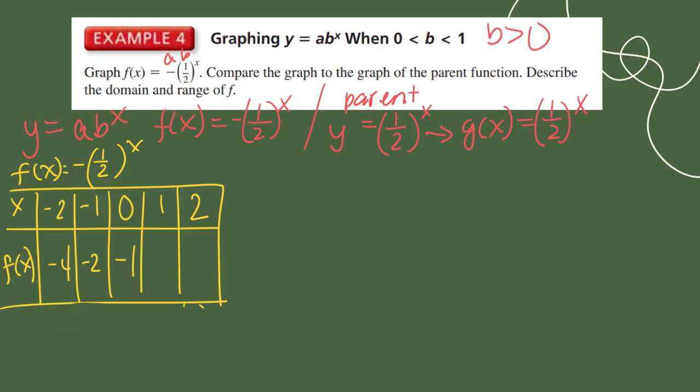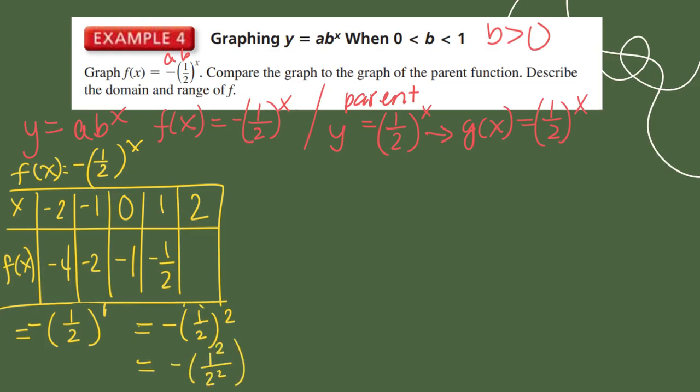Now if we have negative times half to the power of 1, everything with the base, so my answer is going to be negative half. And now we have negative half times 2. That is going to give me, distribute, remember, negative 1 to the power of 2 and 2 to the power of 2, which gives me negative 1/4.